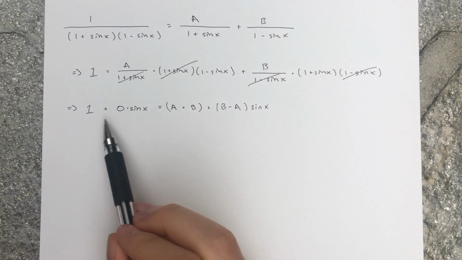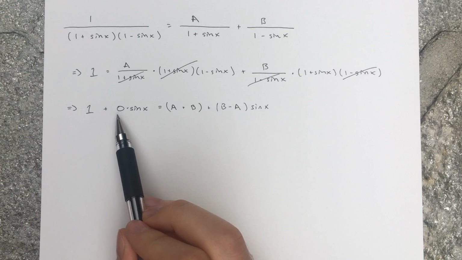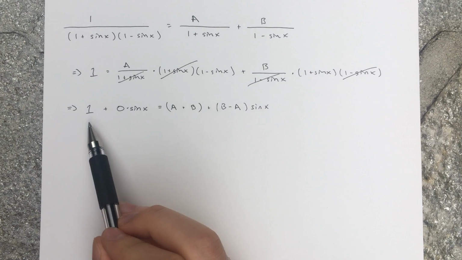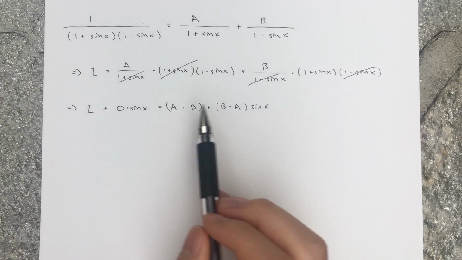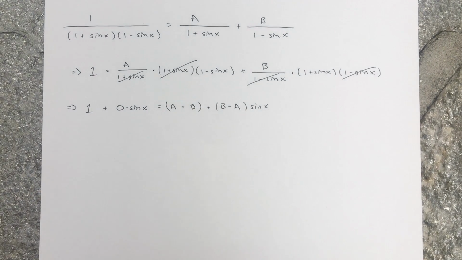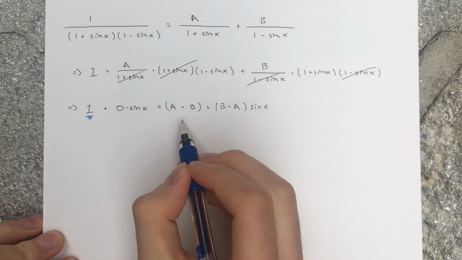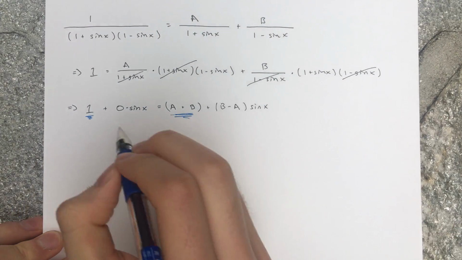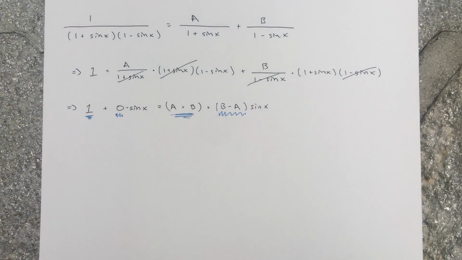And now we can compare these two. Since these are equal, the coefficients in front of the sine x's must equal, and the coefficients in front of the constants must equal. So from this, we'll get one is equal to a plus b, and 0 is equal to b minus a.